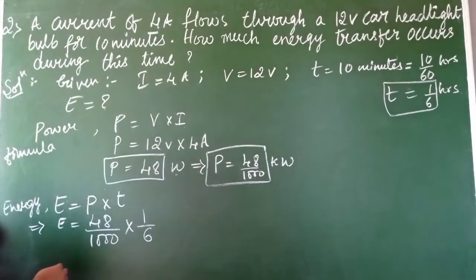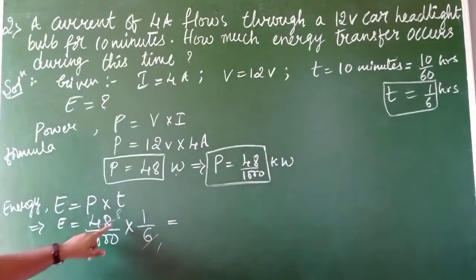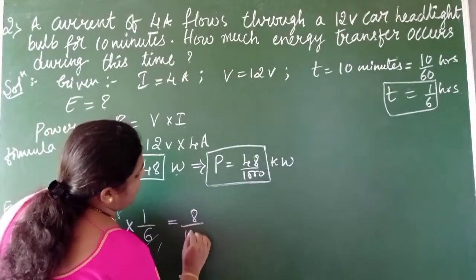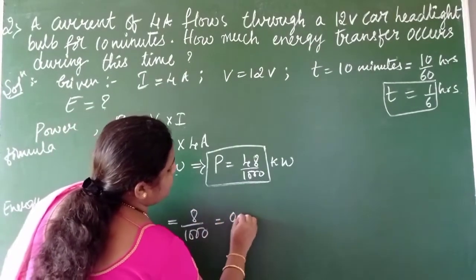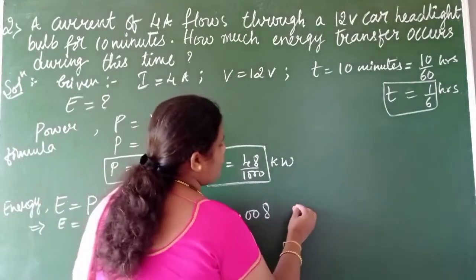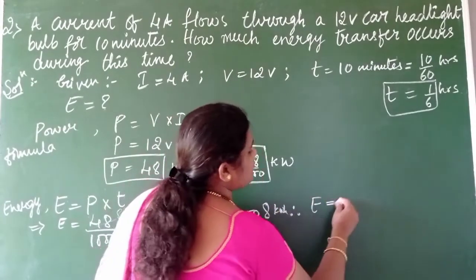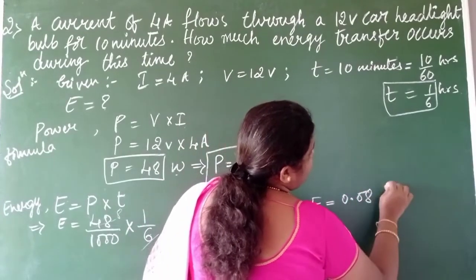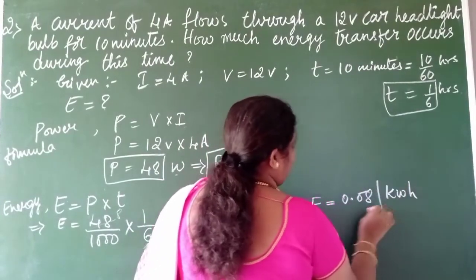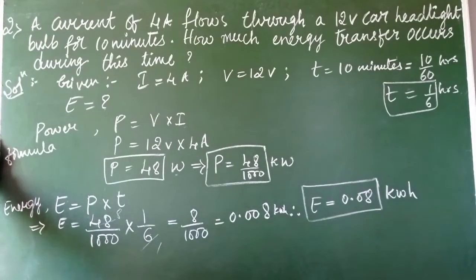So when we do cancellation, 6 ones are 6, 6 eights are 48, so 8 divided by 1000, which is nothing but 0.008 kilowatt hour. Therefore, the energy consumption or transfer is 0.008 kilowatt hour, transferred in 10 minutes of duration, nothing but 1/6 hours of time. This much energy it has consumed, children.